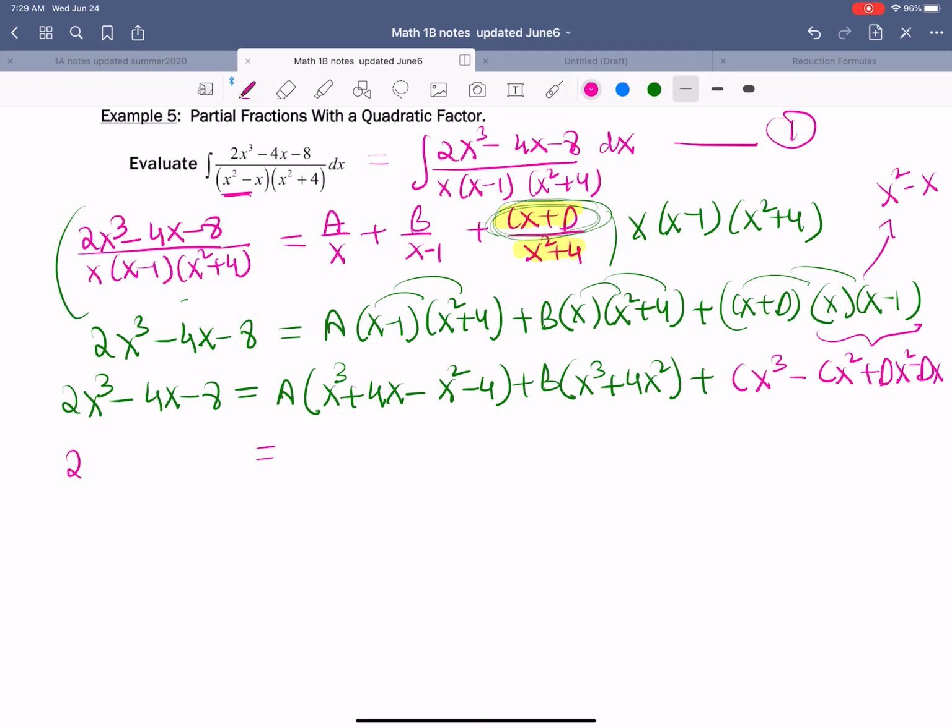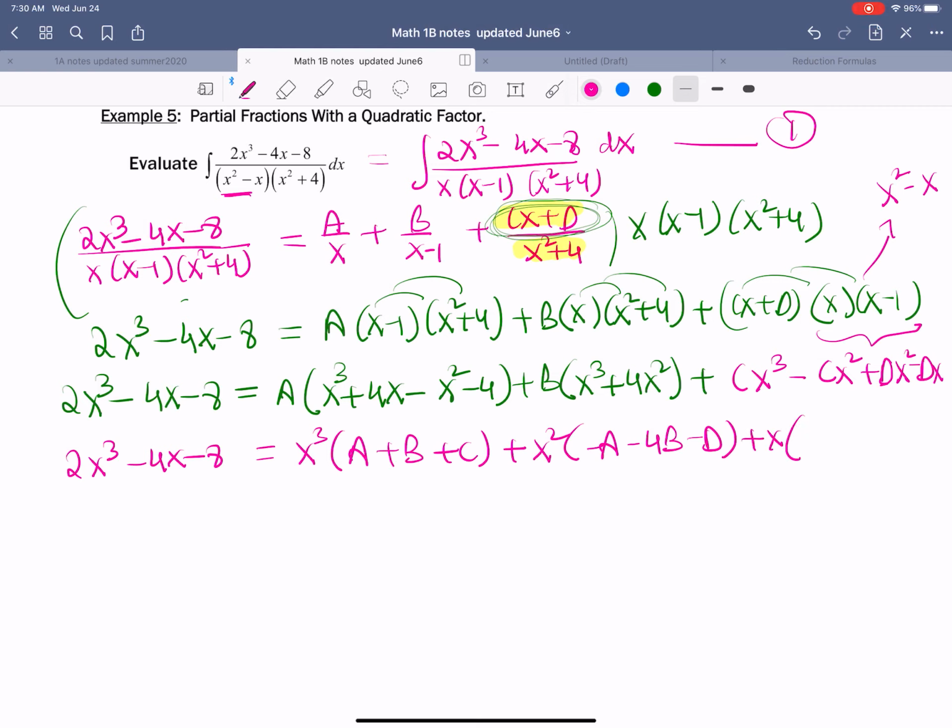I get 2x to the third minus 4x minus 8. X cubed will have an a next to it, a plus b next to it, plus c next to it. And then x squared will have negative a minus 4b minus d next to it.